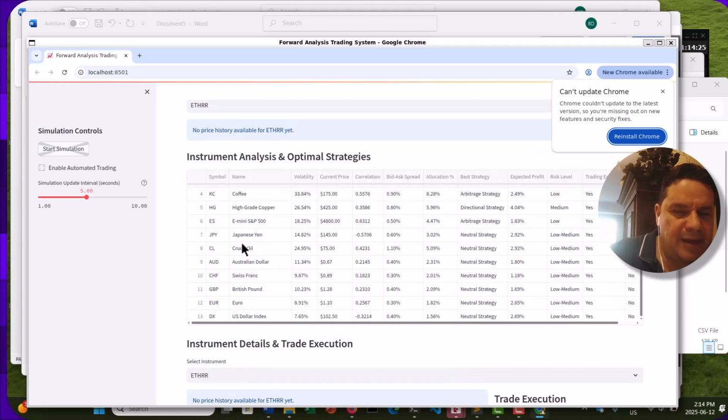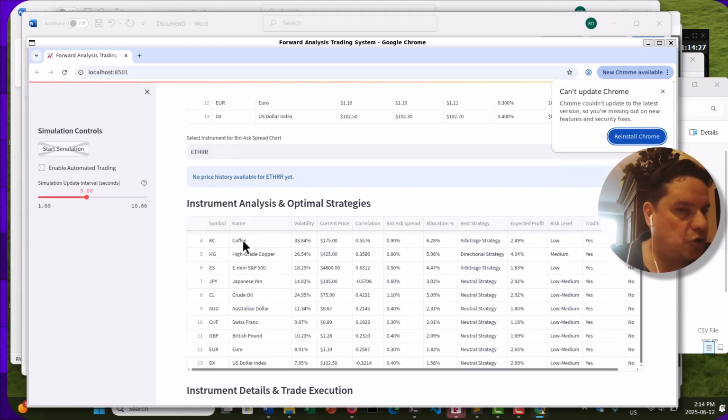The thing here is, from what I'm seeing and experiencing, the AI is only going to allocate tradable instruments. If something is not traded a whole lot, it won't add it to this portfolio, which in a way is a good thing. You can see here we're allocating Swiss franc, British pound, and still doing the E-mini.